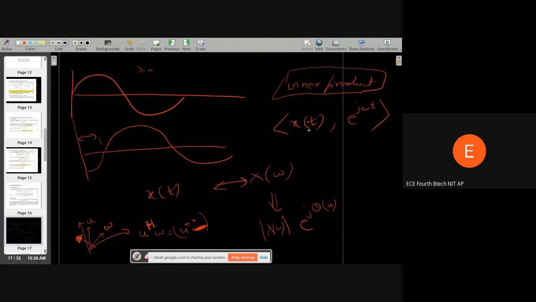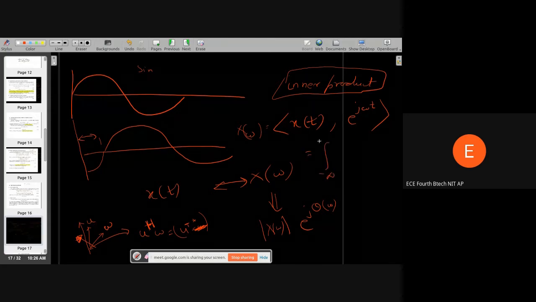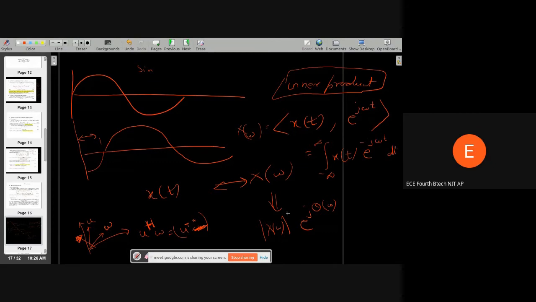To get your X of omega, you take an inner product of your signal and a sinusoid. You take the complex conjugate of e to the power j omega t, that's why minus j omega t, and dt. x(t) you keep as it is. This is the definition of inner product in algebraic form for signals.